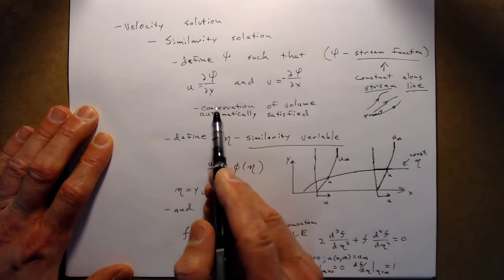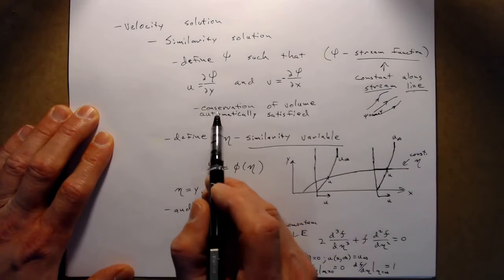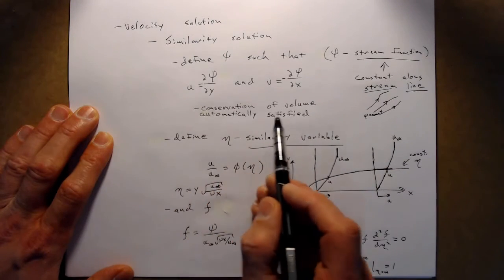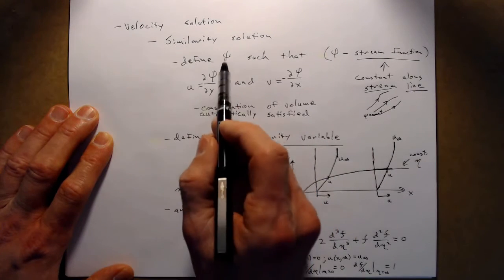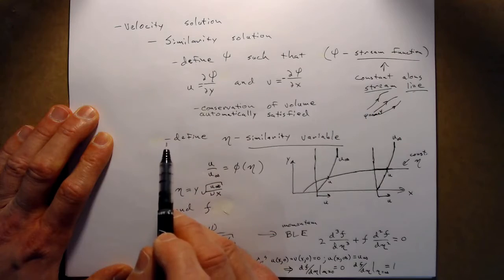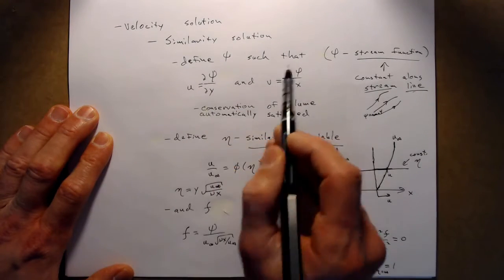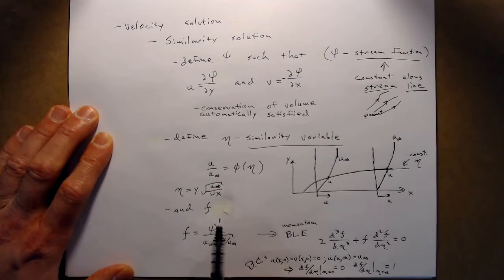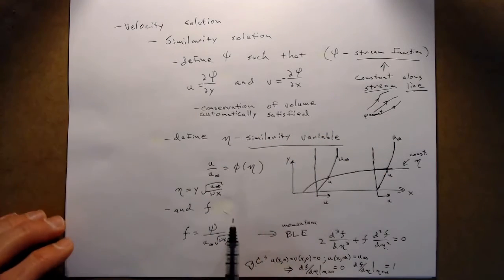Now one useful thing about this definition, and actually it's part of where the definition comes from, is that the conservation of volume is automatically satisfied if we choose this form for psi. Basically, we're saying that psi satisfies the volume conservation by this definition.